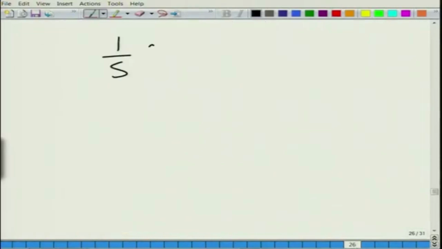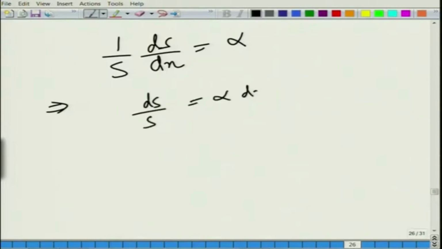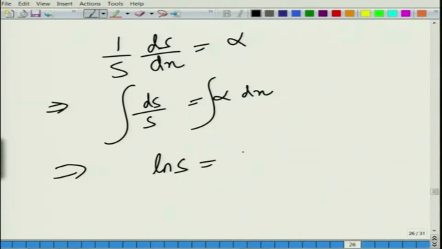1 by S dS/dx, if this is constant, let us say this is alpha. So, what do we get? We can actually integrate it and get alpha x.